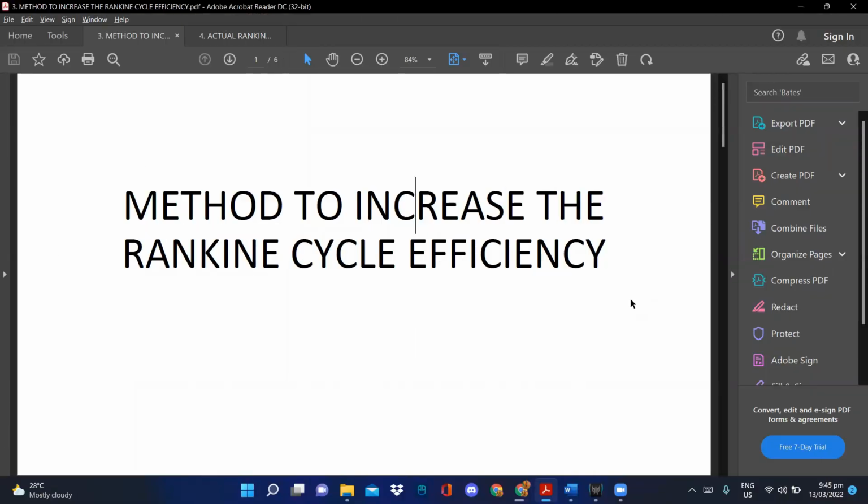So good day everyone. We are here on the continuation of our previous lesson. In our previous lesson, we studied the ideal Rankine cycle and solved various parameters involved in a Rankine cycle.